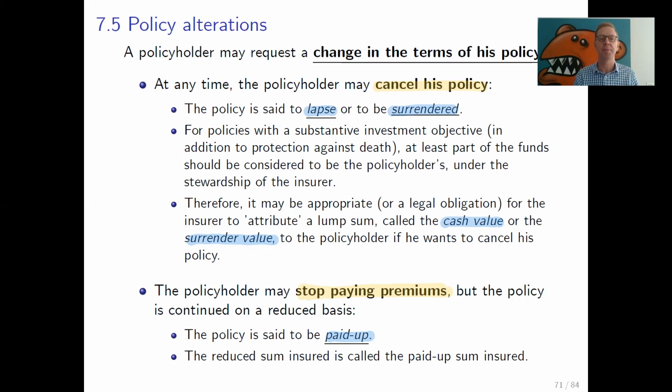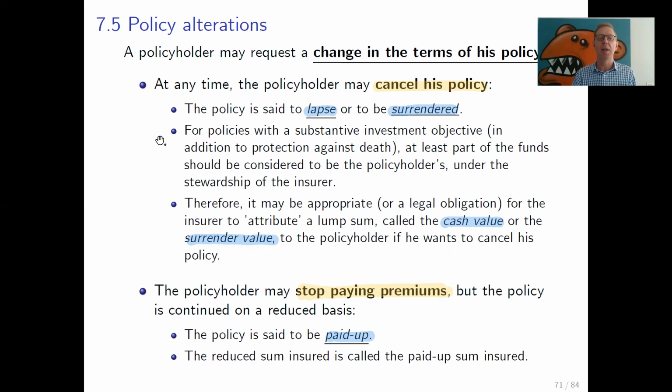So a policyholder may request a change in the terms of his policy. For instance, he may want to cancel his policy. That means he wants to stop premiums and doesn't want benefits to be paid anymore in the future. In that case, we say that the policy is lapsed or surrendered.